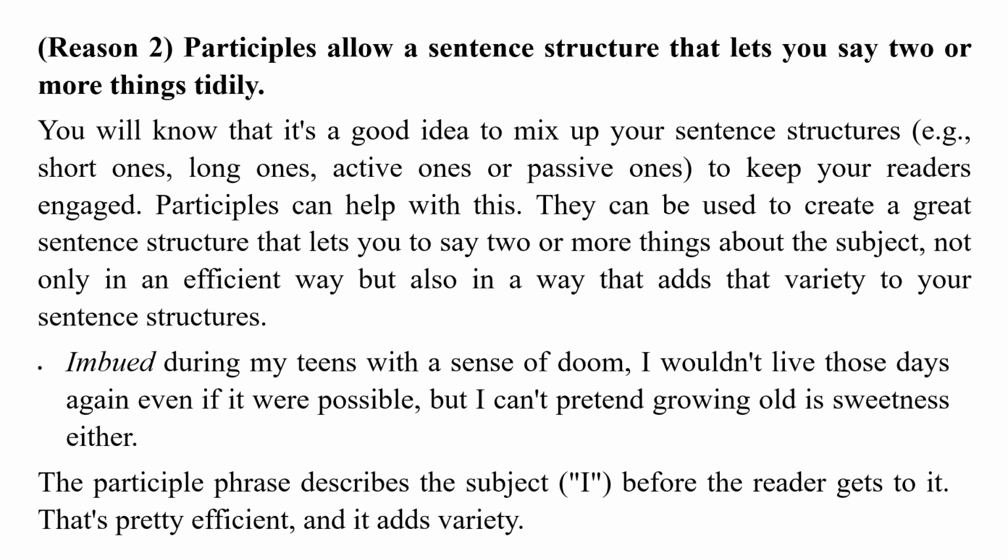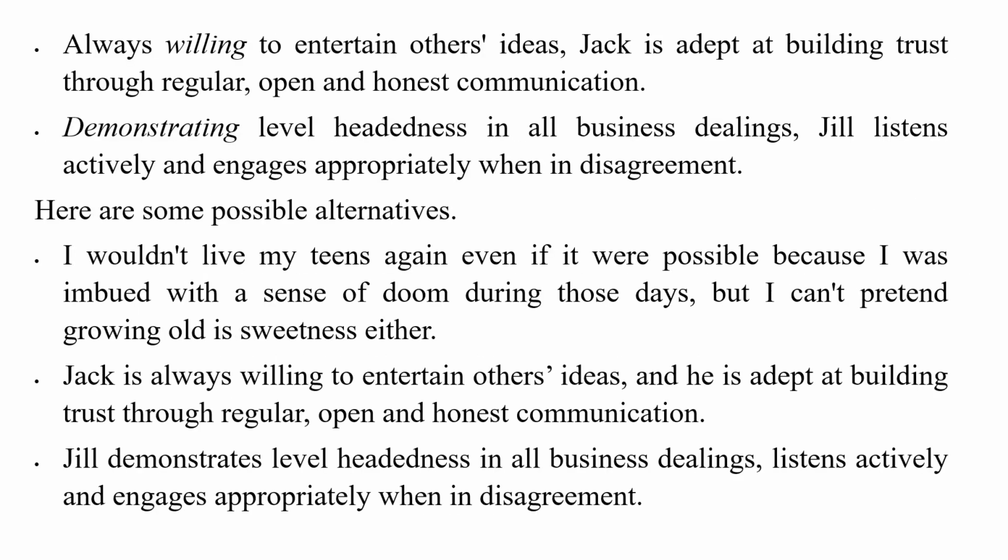That's pretty efficient and it adds variety. This example has a possible alternative. I wouldn't live my teens again even if it were possible because I was imbued with a sense of doom during those days, but I can't pretend growing old is sweetness either.